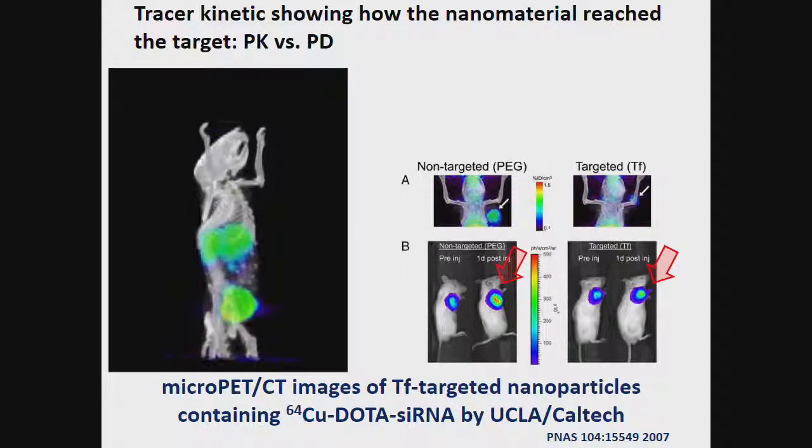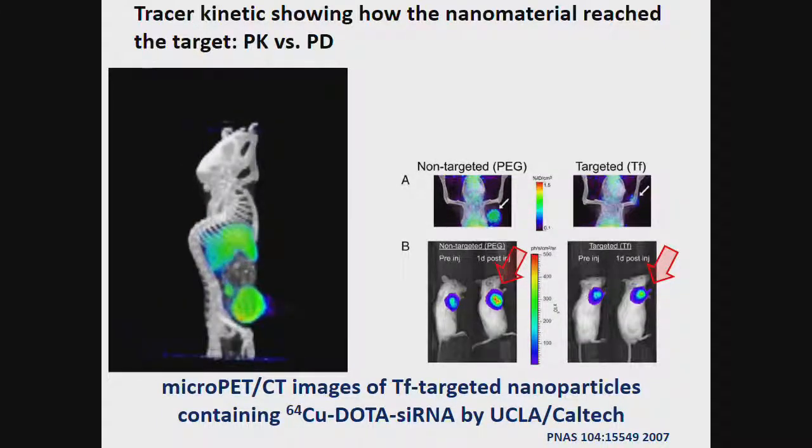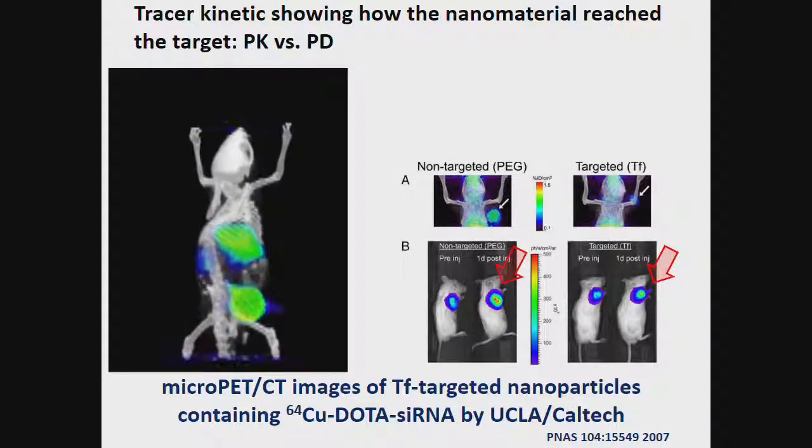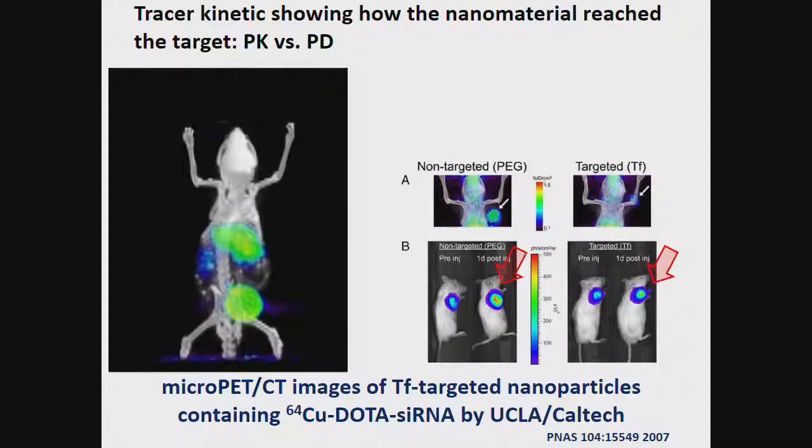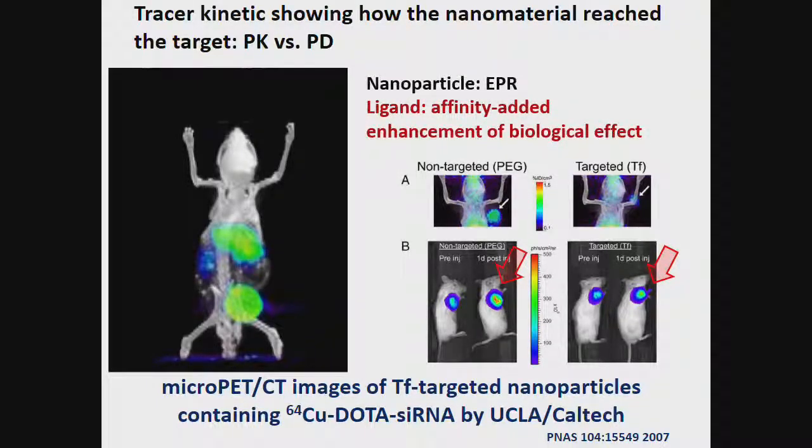And pharmacokinetic was analyzed with our method, and pharmacodynamic, actually, dynamic action was by this molecular imaging method, and they correctly concluded that nanoparticle is secured or captured by the tumor site by enhanced permeability and retention. That's kind of kinetic. And ligand is helping here, the transferrin.